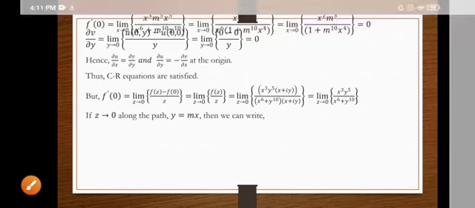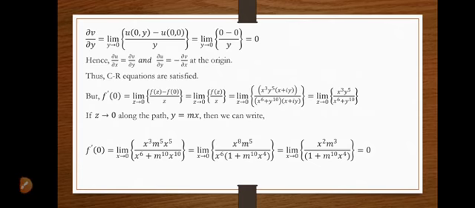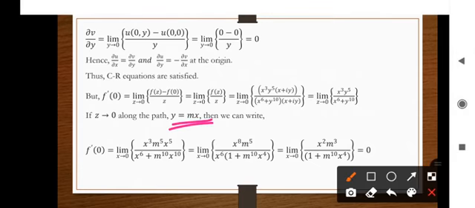Let us check this limiting value. Here along this path y equal to mx, means you have to write each and every y in this result as mx. So with this, along this path y equal to mx, we get f dash of 0 as 0. So this is f dash of z at origin, which is equal to 0 along this one of the path y equal to mx.